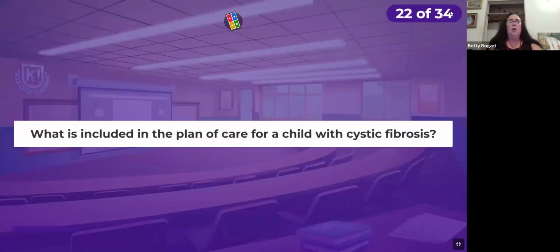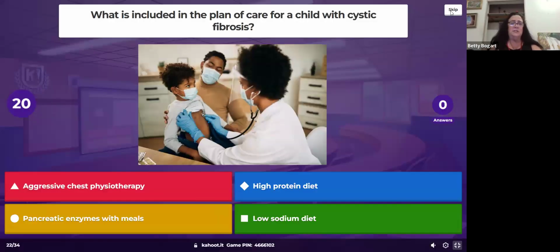What is included in the plan of care for a child with cystic fibrosis? Remember, it's three things that go on. We've got the sweat, we've got the lungs, and we've got the pancreas. All big problems. So how are we going to deal with it?